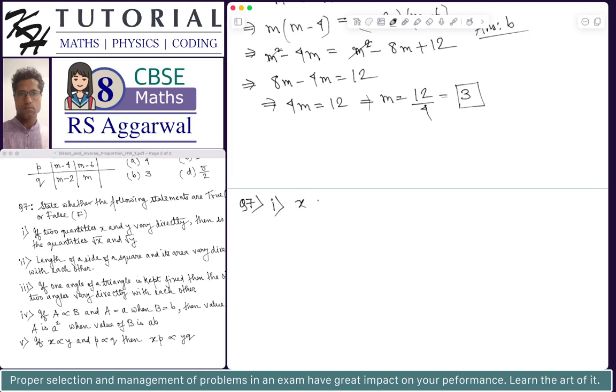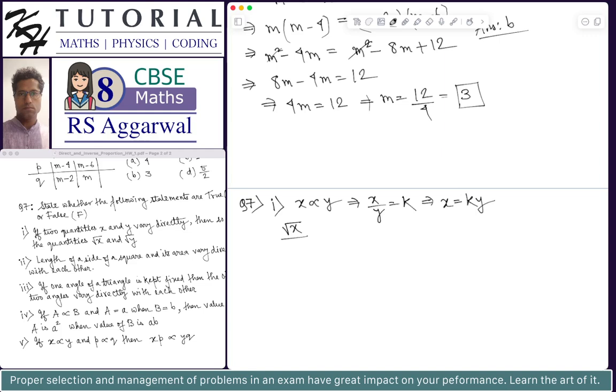It is given that x is varying directly as y. So this implies we can say x by y is a constant k. This means that x will be equal to the constant k multiplied by y. Now let's see what is the ratio of root x.